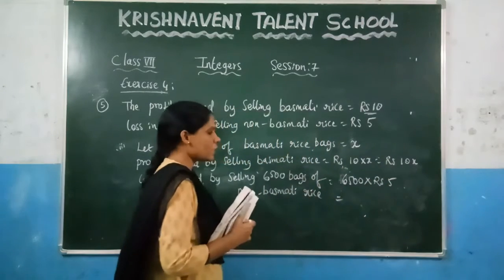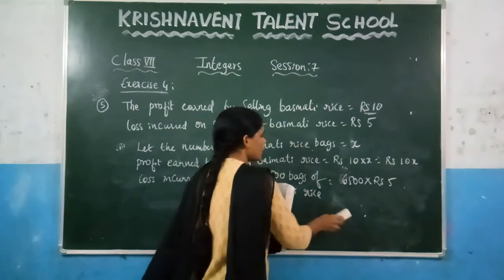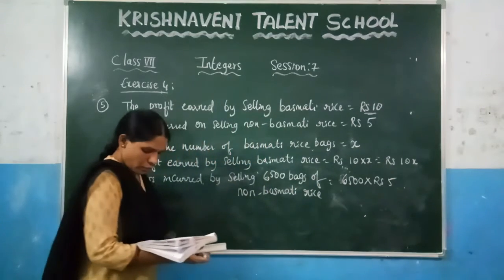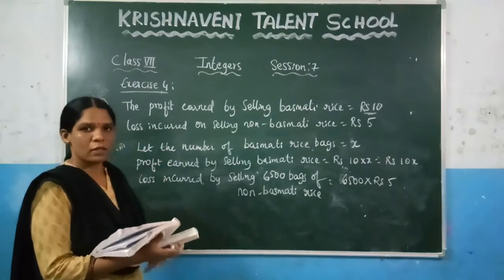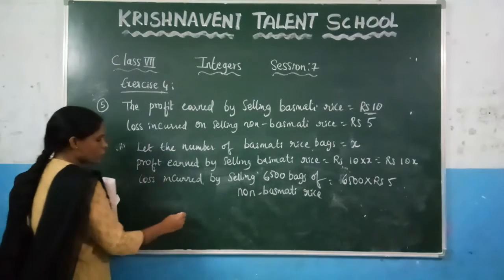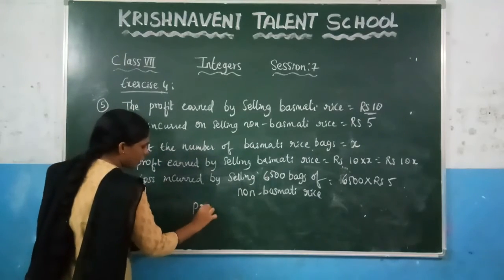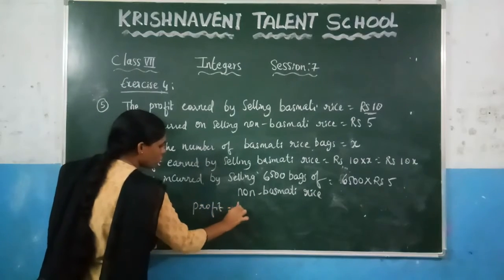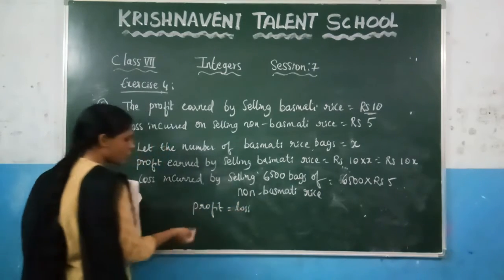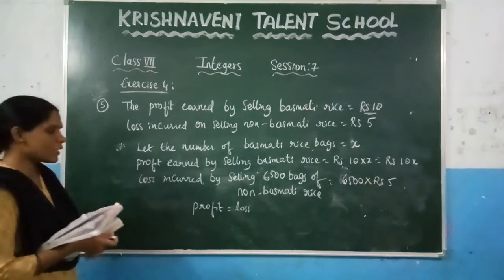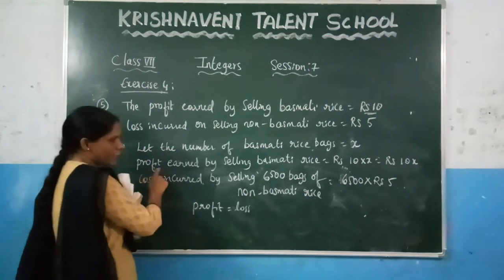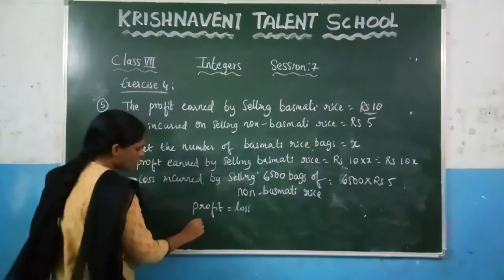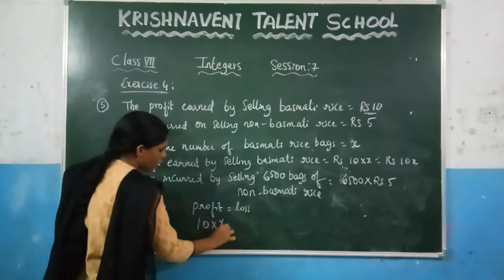In the question, he must sell to have neither loss nor profit. So according to the question you can write that the profit is equal to loss. Since he has neither profit nor loss, profit is equal to loss. So what is the profit he earned here? 10 into x, 10x.